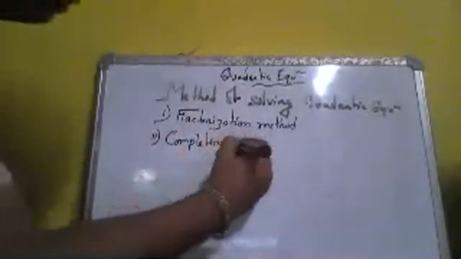Now, first, factorization method. Second one, completing square method.